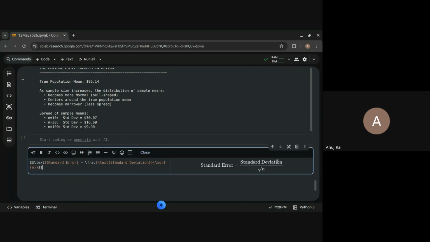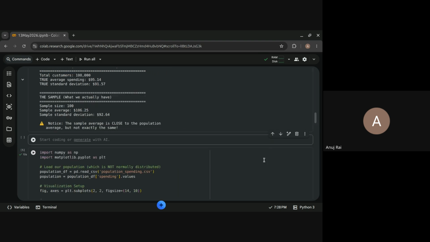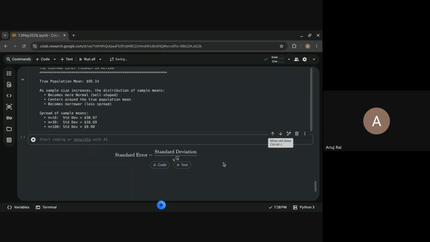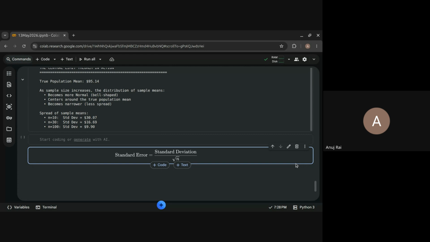So the formula for calculating the standard error is the standard deviation divided by the root of n, and we will look into how to calculate it.